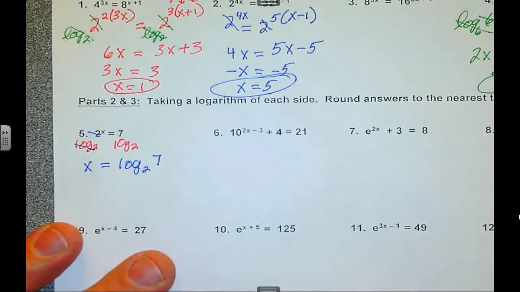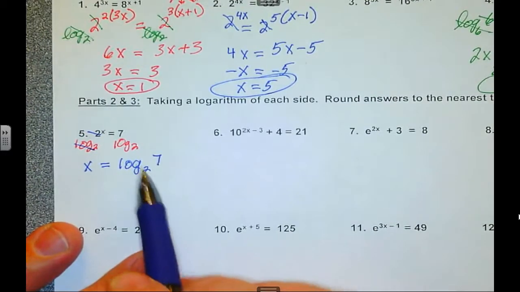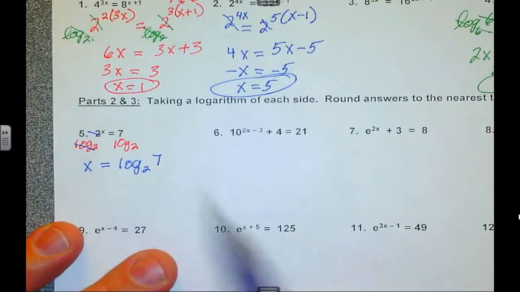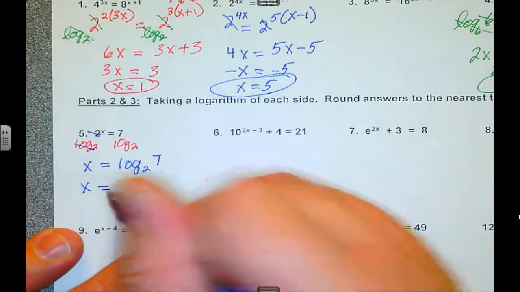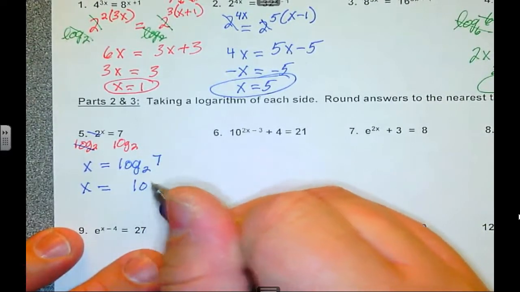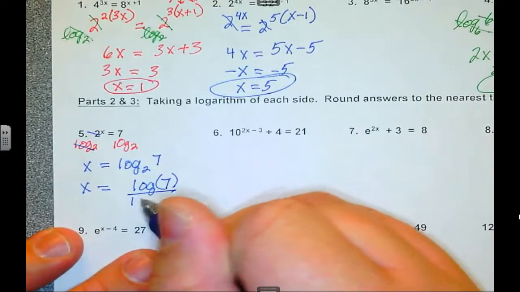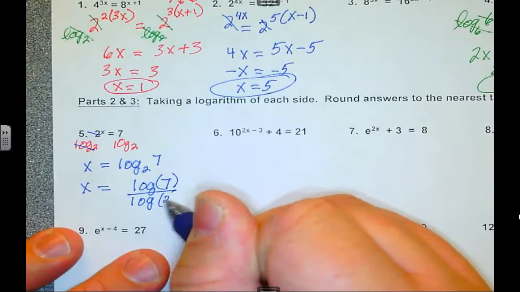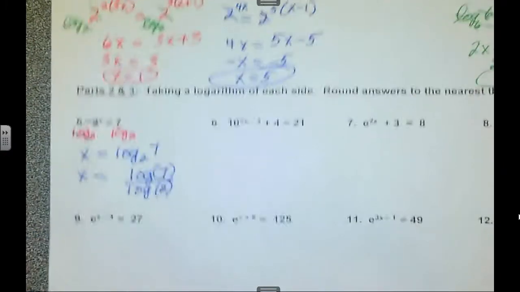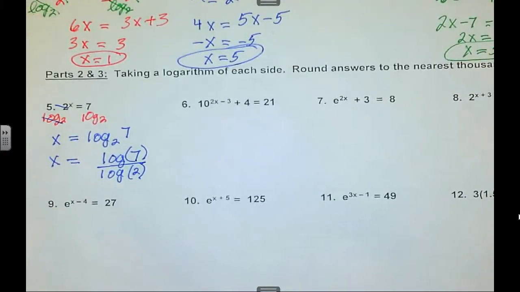And remember we learned the change of base formula yesterday? We don't have a log 2 key in our calculator. So what we did was we took the common log of the number divided by the common log of the base, or you could use the natural log. Put that in your calculators.